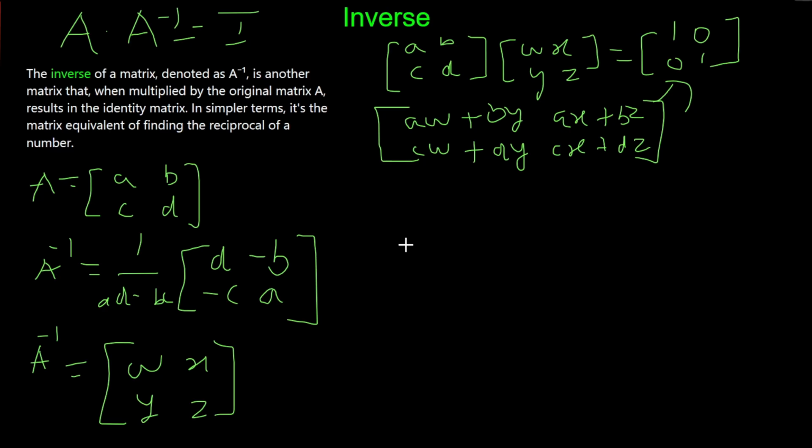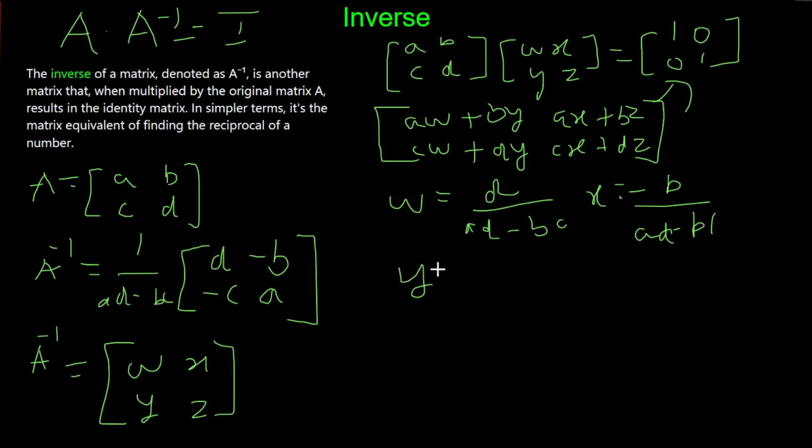So if we quickly jump into the general solution, W we will get as D by AD minus BC. Similarly for X, we will have minus B by AD minus BC.